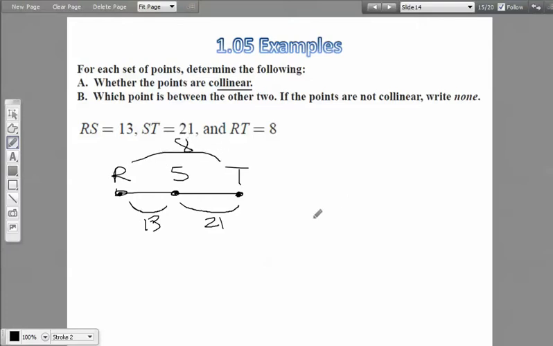So that's not working. So let's look. The biggest number is 21, so this would be S and T and R.